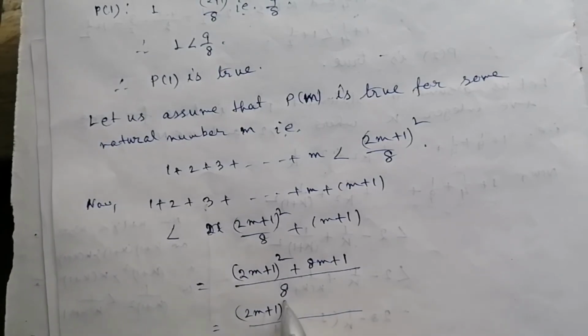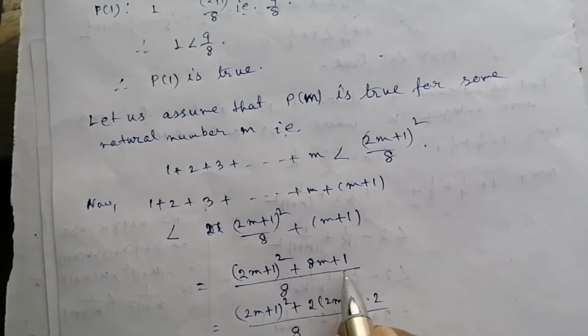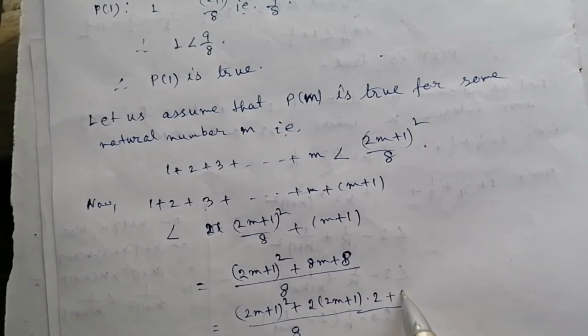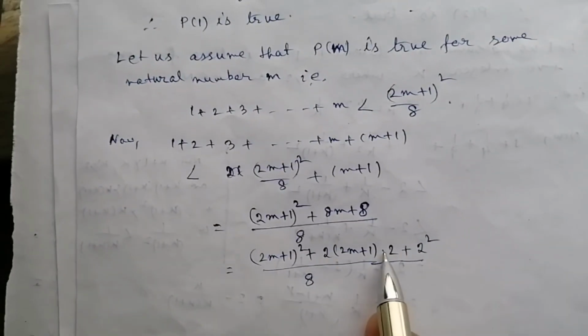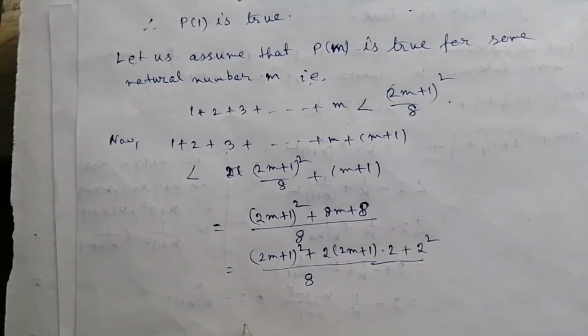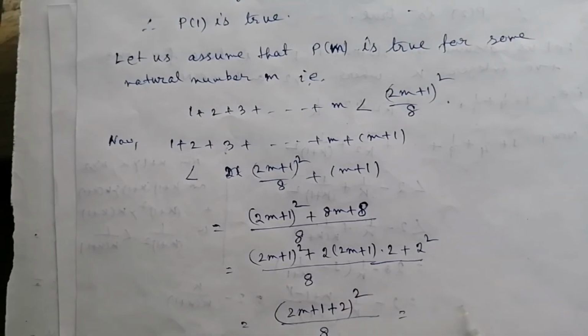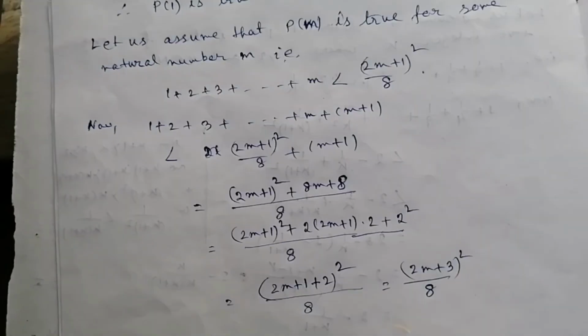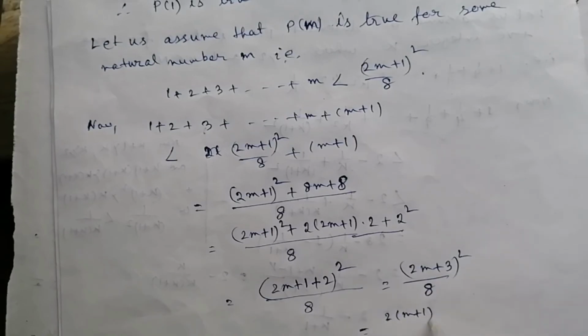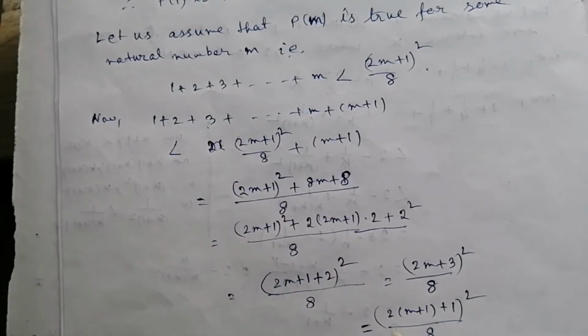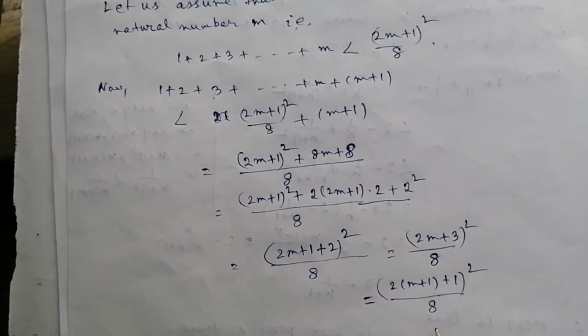equal to (2m plus 1) whole square plus 2 into 2 into (2m plus 1) into 2, plus 8 plus 2 square, that is 8m plus 4, plus 8... equal to (2m plus 1 plus 2) whole square, equal to (2m plus 3) whole square divided by 8, equal to (2 into (m plus 1) plus 1) whole square divided by 8, which is less than (2 into (m plus 1) plus 1) whole square divided by 8.